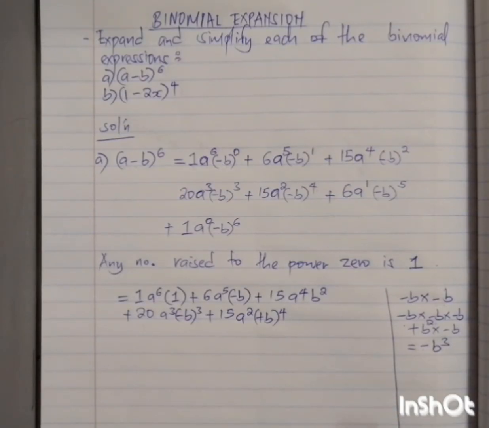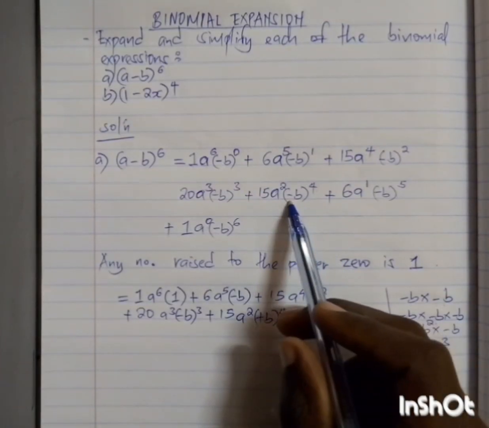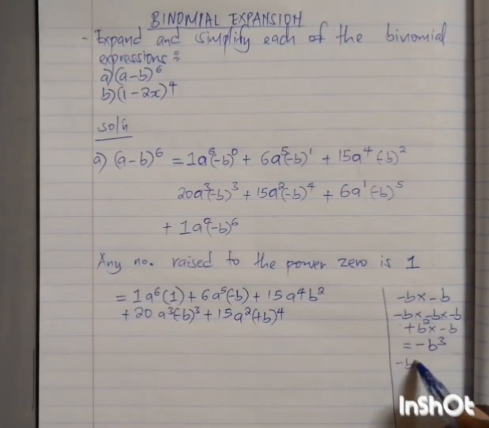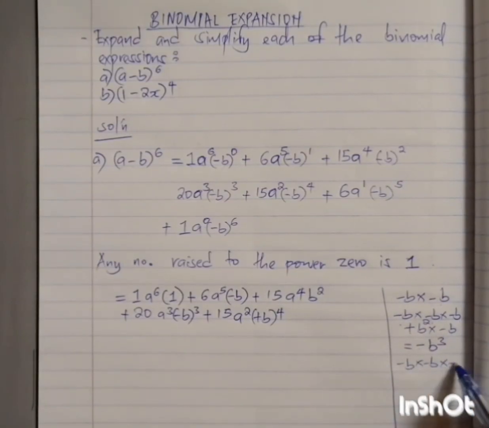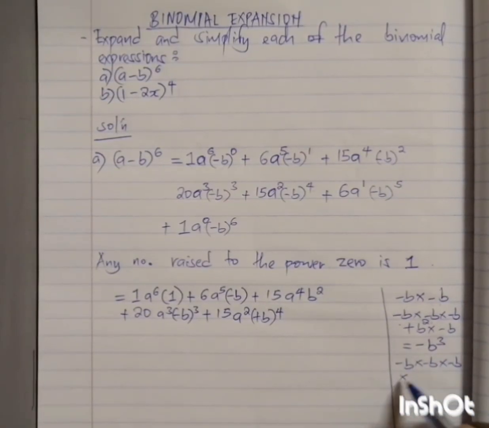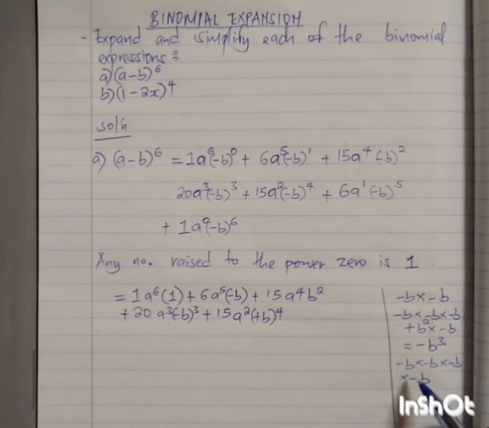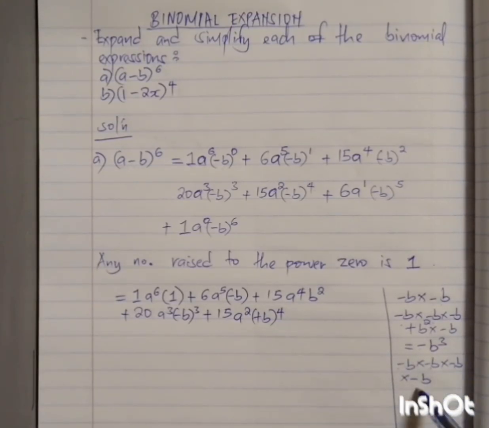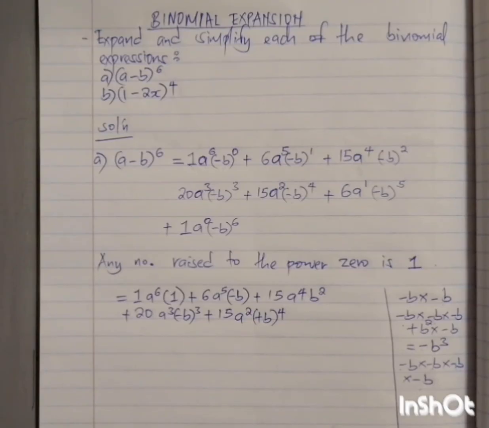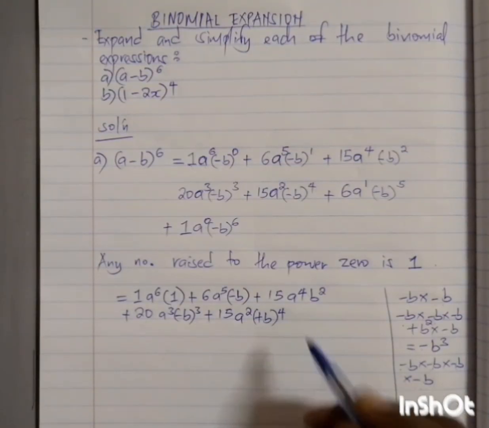Because when you multiply negative b multiplied by negative b multiplied by negative b multiplied by negative b, negative and negative is positive, and this other negative and negative is positive. So this will be positive b squared multiplied by positive b squared, which will be positive b to power 4.